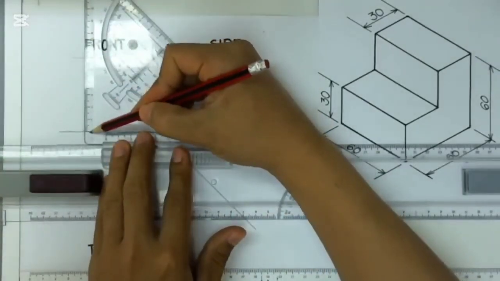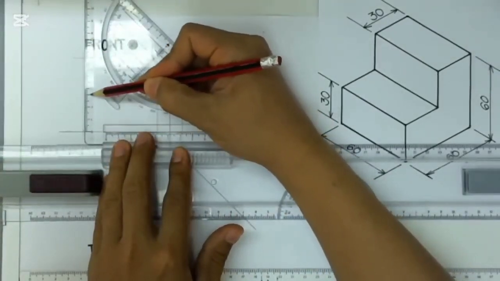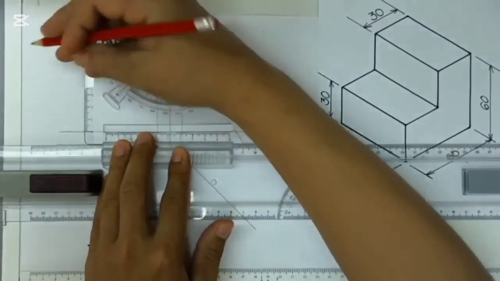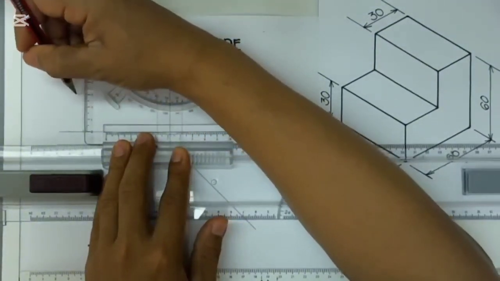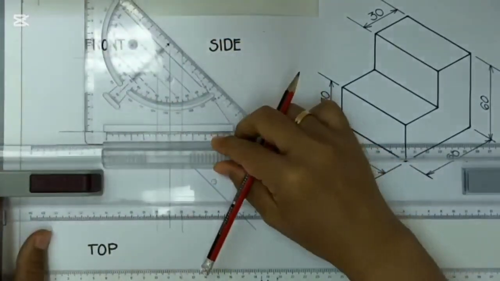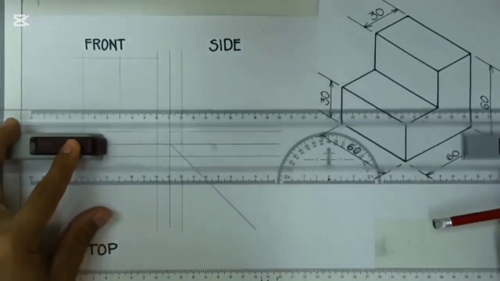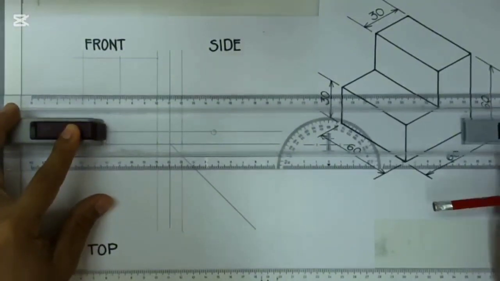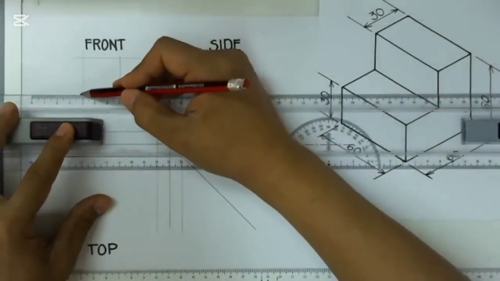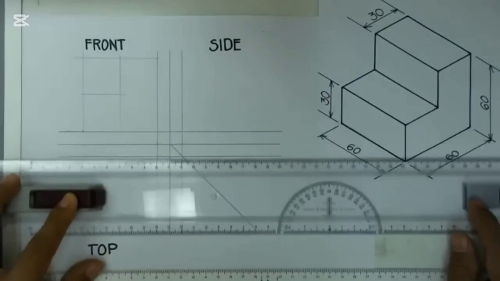That is 0, 1, 2, and 3 centimeter is equal to 30 millimeters. Now I have to make a light line here. There you have it.